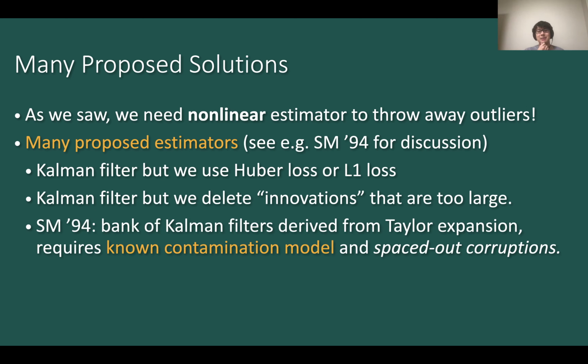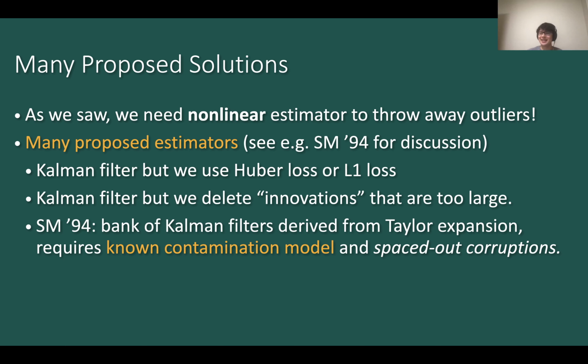Now in the paper of Schick and Mitter, which I just mentioned, what they do is they derive some kind of optimal filter, but it required basically very few corruptions. So it was in the limit as the number of corruptions goes to 0, and they did a Taylor expansion. And also they required to know the contamination model, so basically know how the noise is non-Gaussian.